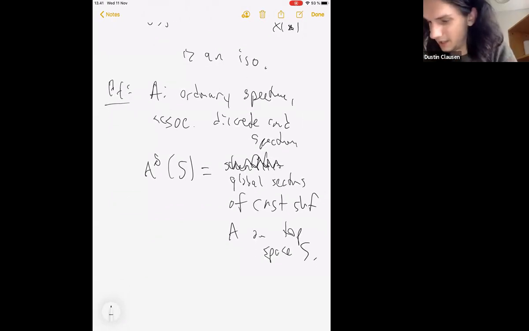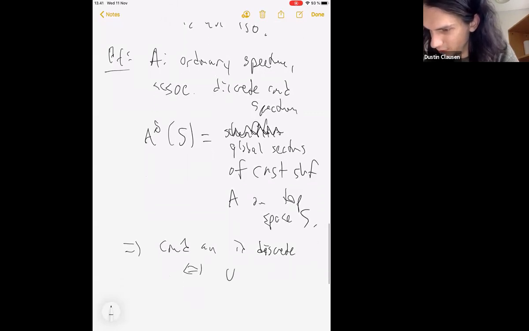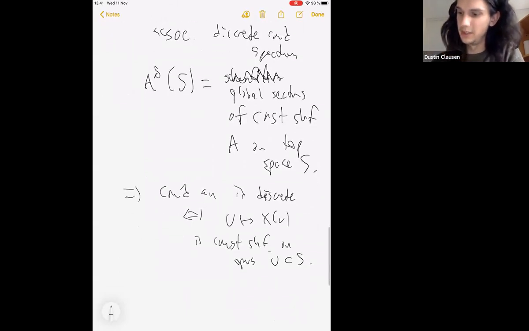So this means that a condensed anima is discrete if and only if U maps to X of U is a sheaf, is a constant sheaf for open subsets U mapping to S for S extremely disconnected.